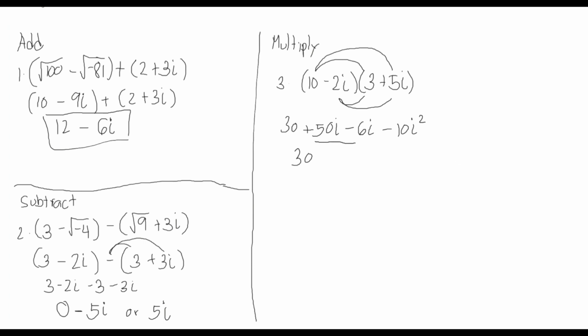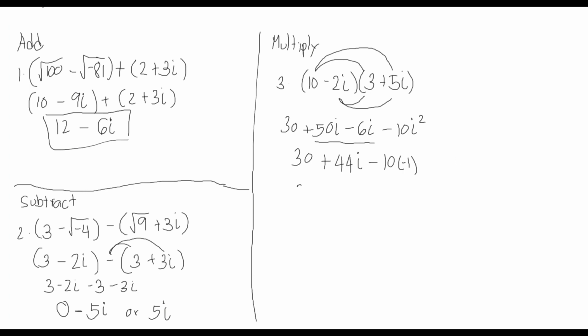Next, you have 30. Simplify mo yung nasa gitna kasi sila yung may dalawang i. That's 50i minus 6i is positive 44i. Then, minus 10i square. Remember, i square in your imaginary number is equal to negative 1. So, you have to change i square to negative 1.